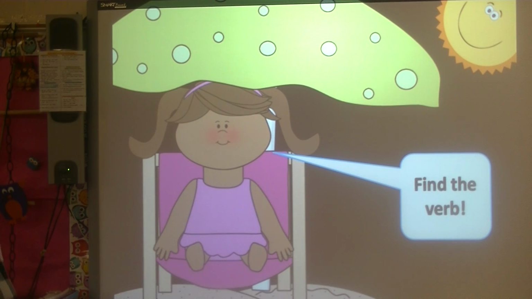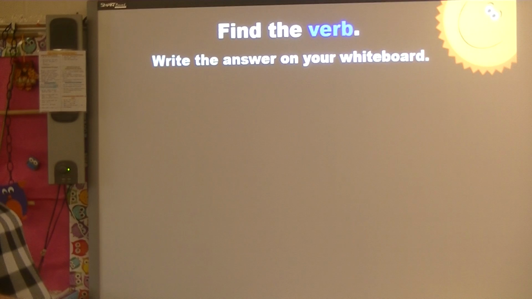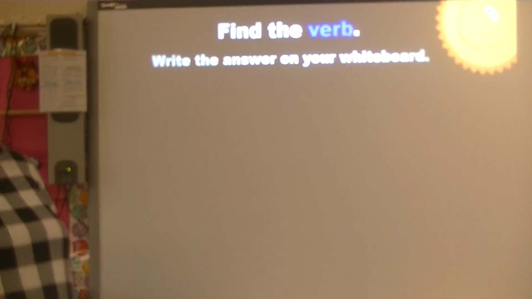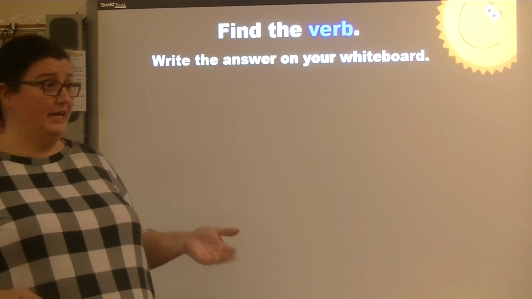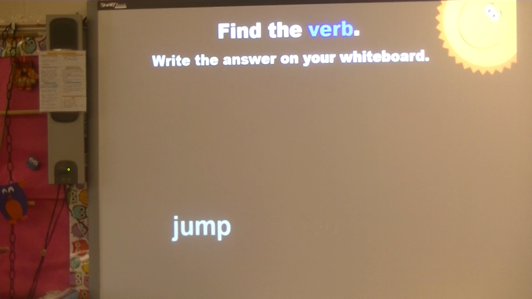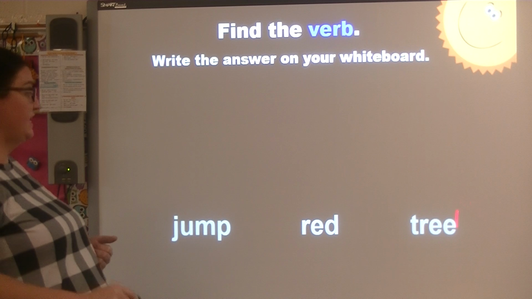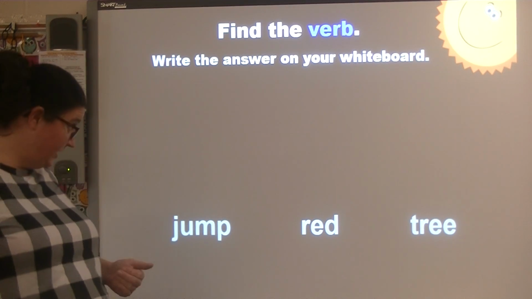All right, we're going to find the verb. It says write your answer on your whiteboard if you have one. If you don't, you can just follow along out loud. We have 3 choices. Oh, I was thinking I had a picture with it. Miss Byers just gave you that one. Jump, red, or tree.